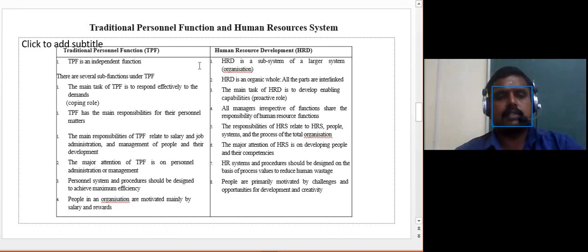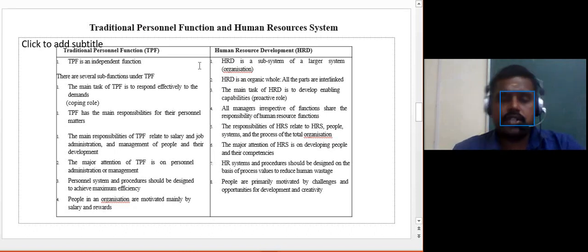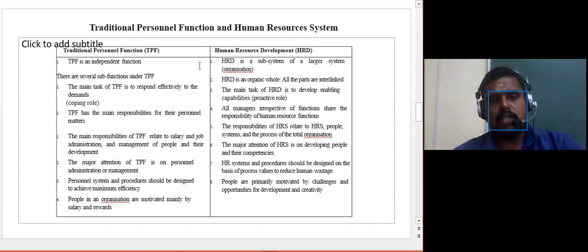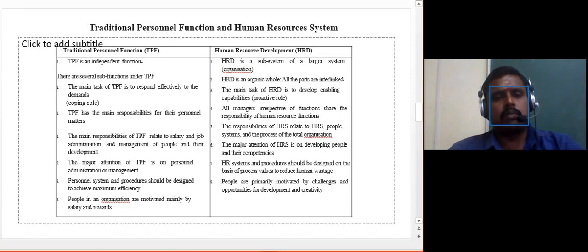And next, we are going to discuss the difference between the traditional personnel functions and human resource development. Just see the left side. The first difference is that the traditional personnel function talks in a very traditional way about personnel management activities.